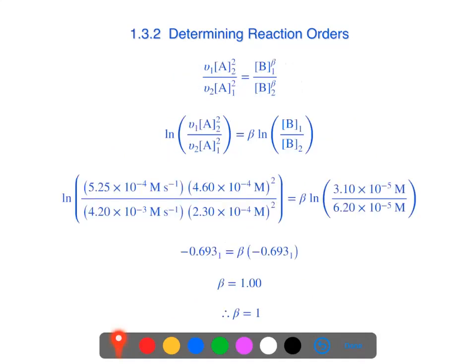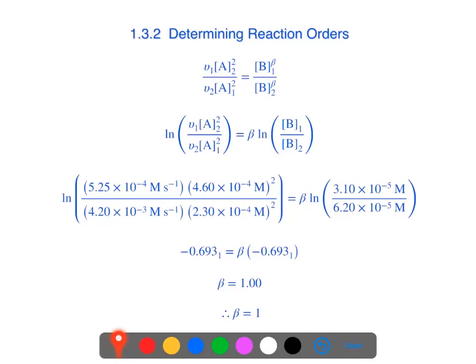So if we rearrange that expression for terms containing beta, and then take the natural logarithm of both sides as shown, we can solve for beta explicitly. So we substitute in our values from our data table, solve for beta, and we end up with a value of 1.00. Therefore, the order of the reaction with respect to the reactant B is 1, or first order.